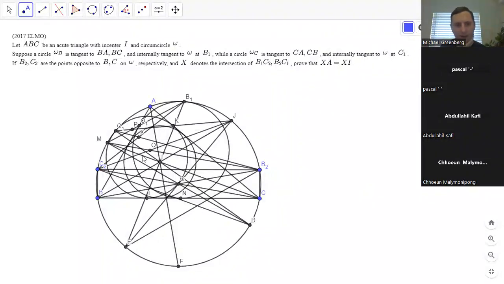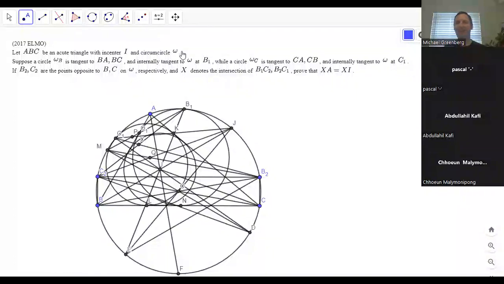Because I show that I, O, and Q are collinear. And then I show that P, O, and I are collinear. And then I show that P, Q, and X are collinear. So I show IOX, IOQ are collinear, and then IOQ, IOP, and then PQX.